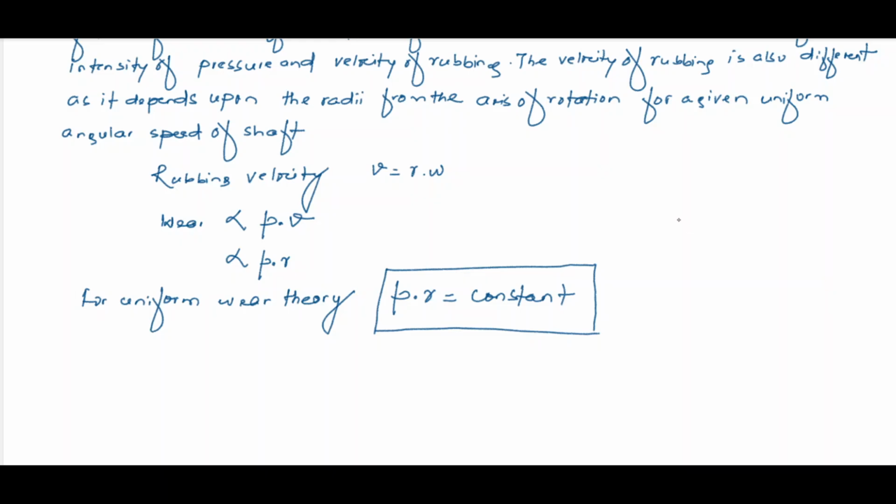Okay. Let's say we have this shaft. For a flat pivot, we're just discussing one example. This is the shaft axis, and this one is the bearing, a flat pivot bearing.